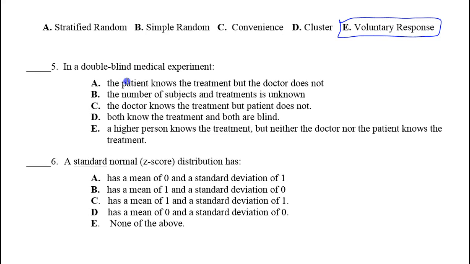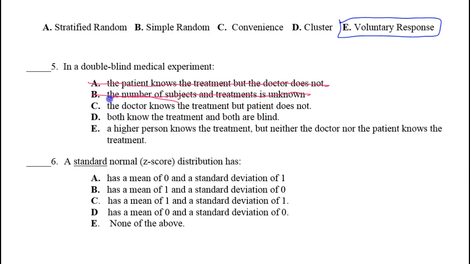So double blind. All right, the patient doesn't know the treatment. Wait, the patient knows. No, so we just said the patient does not know. So the answer is not A. The number of subjects and treatments is unknown. The number of subjects and treatments has nothing to do with it. The doctor knows the treatment, but the patient does not.